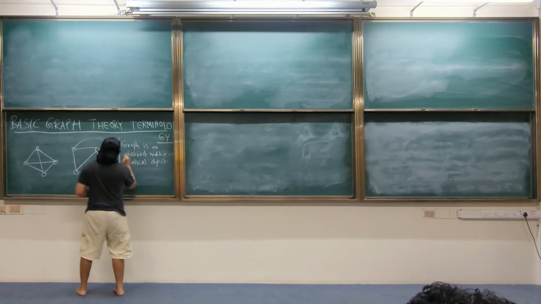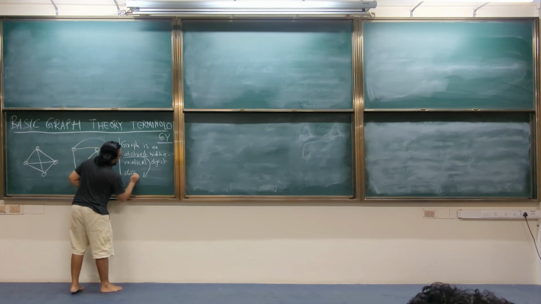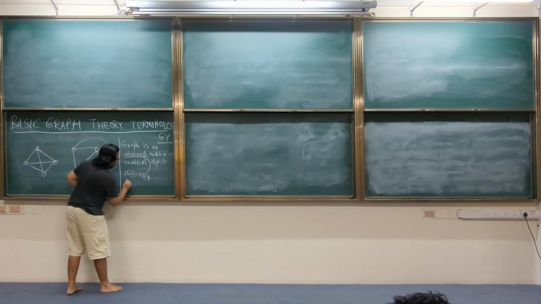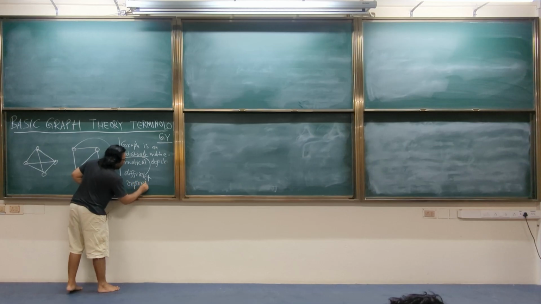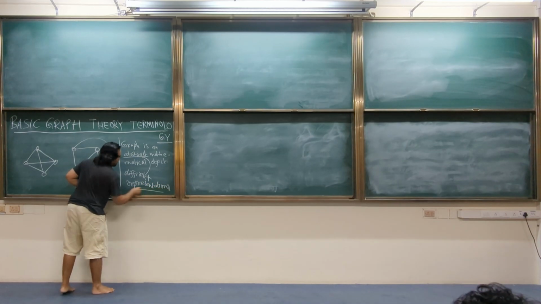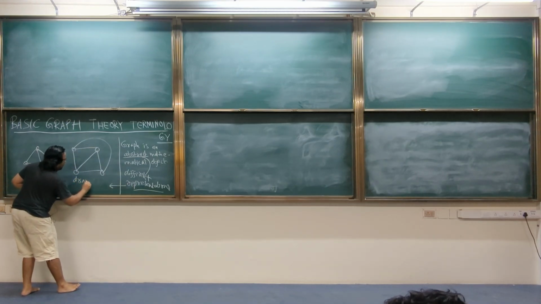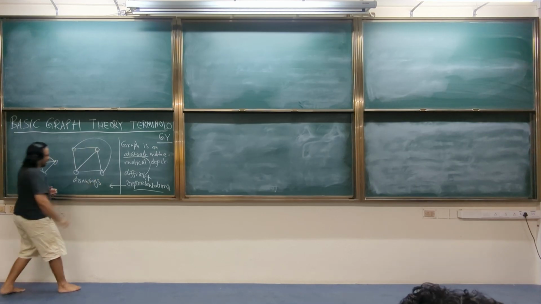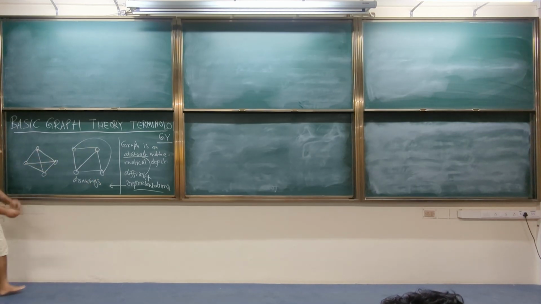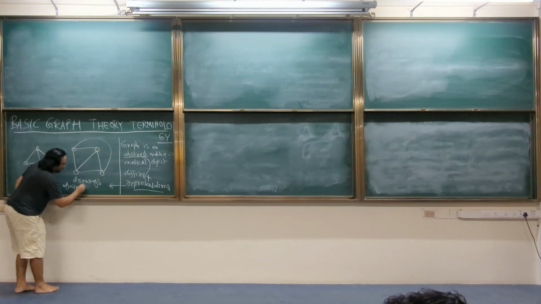And by that I mean, as I mentioned last time, it may have different representations, such as drawings. You see two drawings of the same graph here. It may also have other representations such as adjacencies and matrices. We'll talk about these later, in case you haven't seen them before.